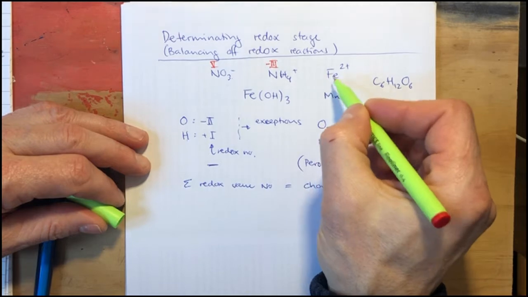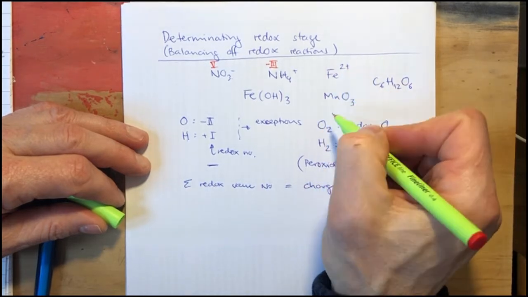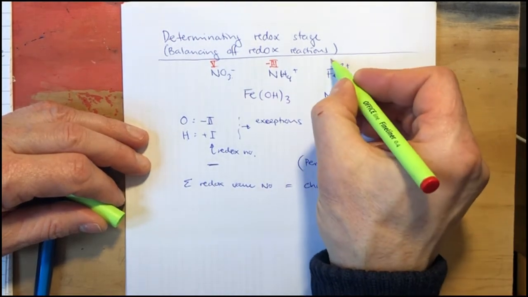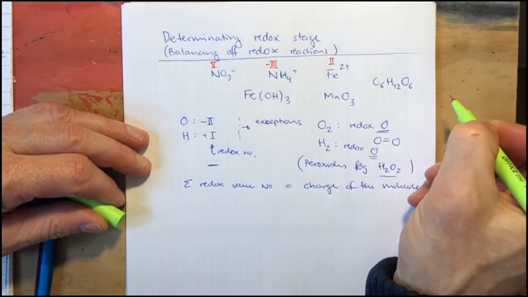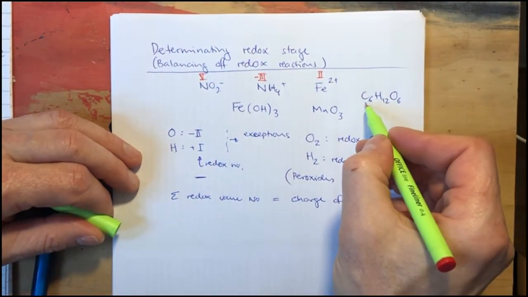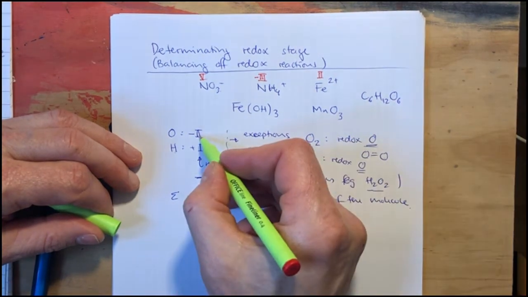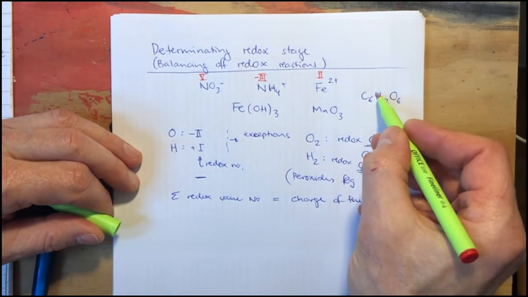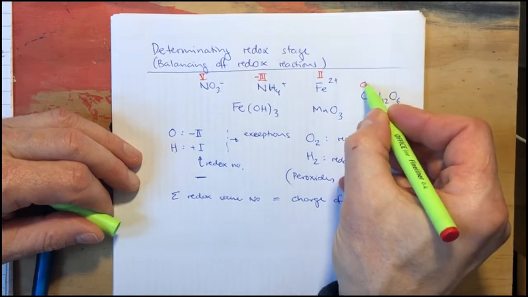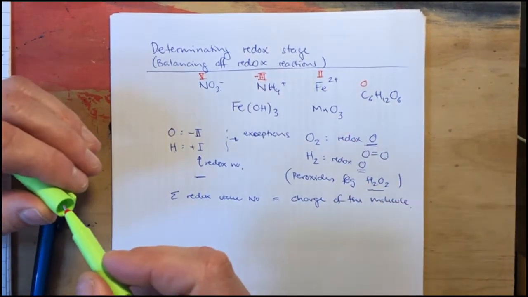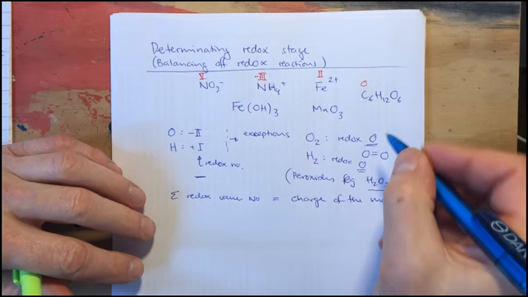Here we have one substance with a charge of +2, so the redox number here is +2. Here we have carbon. We can see we have 6 oxygen atoms, -2 each, so that's -12. We have 12 plus from hydrogen, so that means that carbon here has the redox number 0.